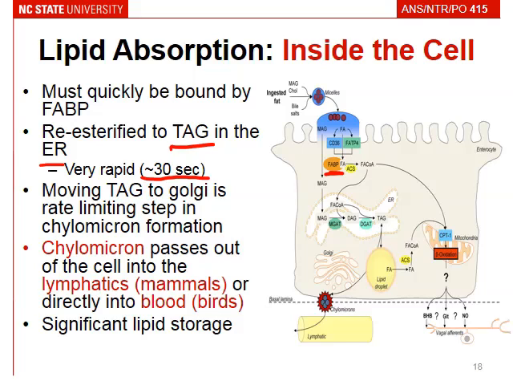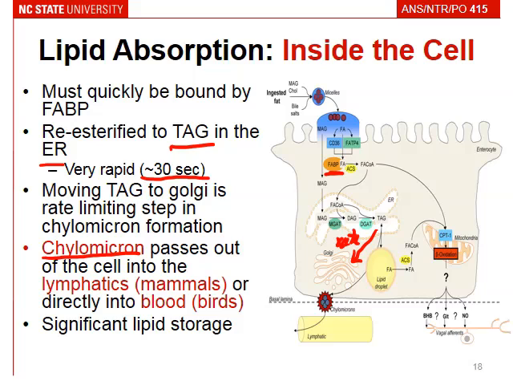within the cell. Our rate-limiting step of moving the triglyceride from the ER is going from the ER to the Golgi. So this component here is our rate limiting. And then once we have the triglyceride go to the Golgi, we then repackage that, and that is what we refer to as a chylomicron.